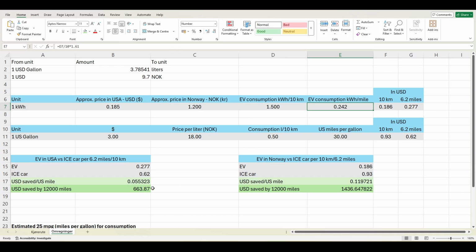Like, yeah, you can play around with numbers, but an estimate somewhere between $500 to $1,300 a year is being saved.